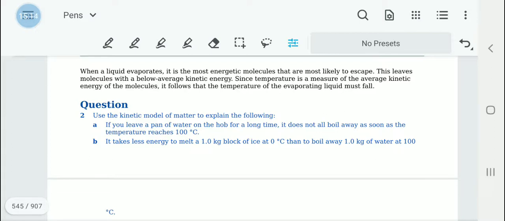After some time you will see that the temperature is also dropping. Why is that? The high energy molecules would escape, they would evaporate. Now the temperature is decreasing from 100, so still the vapor is going away. That is because the high kinetic energy molecules will go away, and the low kinetic energy molecules will remain in it, and the temperature drops.